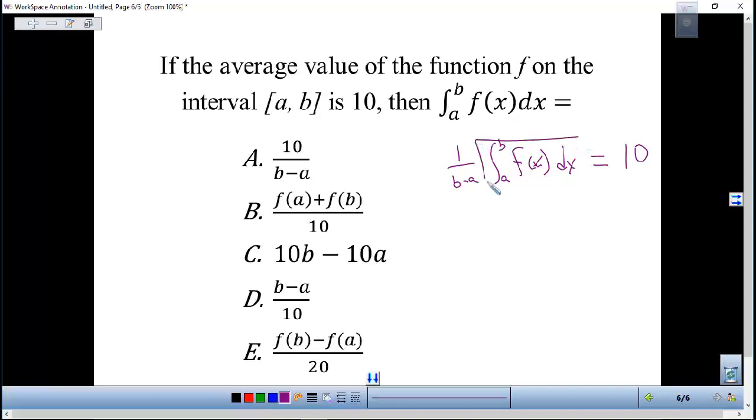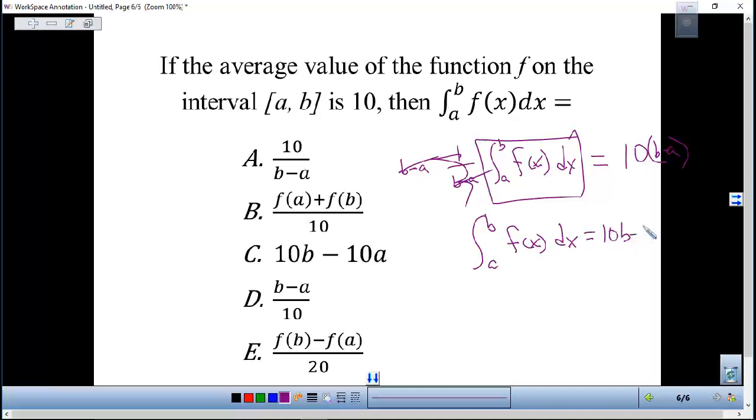To find just the integral, we multiply both sides by b minus a. These cancel out, so I've got just the integral. So the integral from a to b of f of x dx is equal to 10 times b minus a, or 10b minus 10a, which is C.